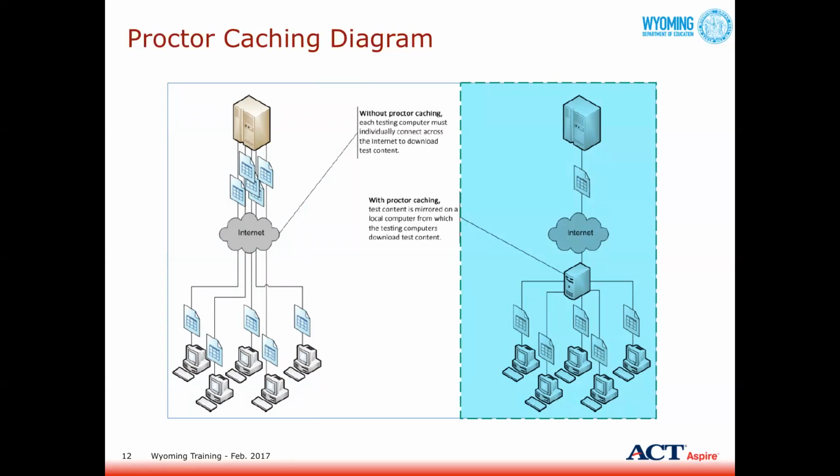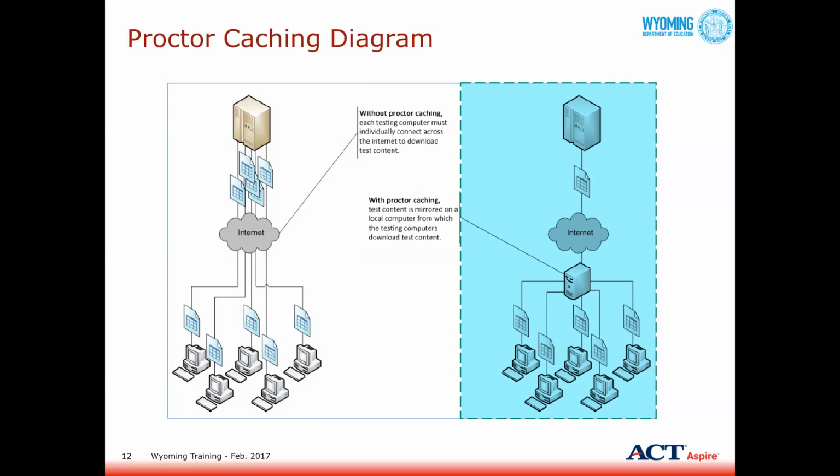So when you use proctor caching, what you're doing is eliminating half of that bandwidth going back and forth. You're only relying, in many cases, on what's called your intranet, which is local to your brick and mortar school. Having that proctor cache server sit on your intranet is going to be much quicker and more reliable than sending all those packets back and forth through the internet up to the ACT Aspire servers.